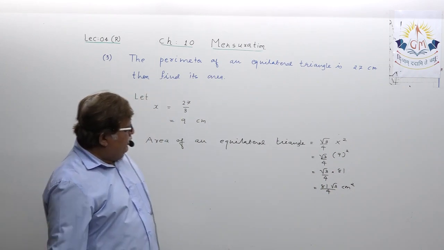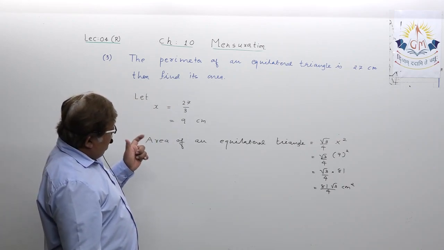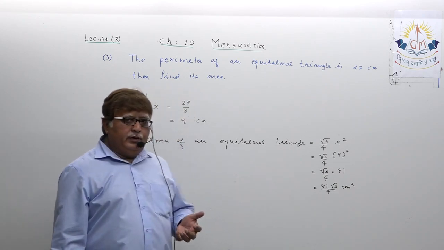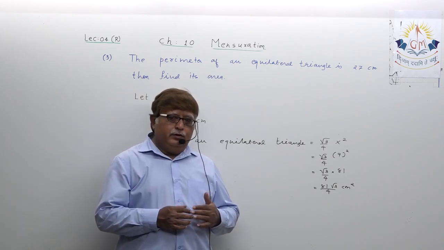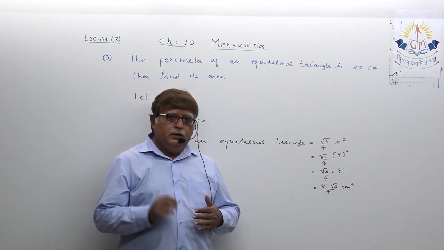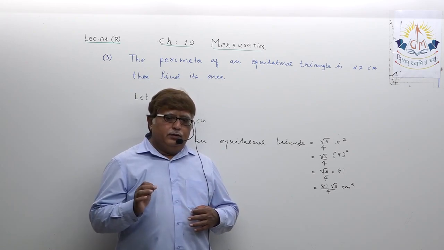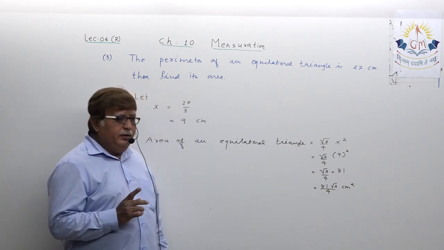This way also examples can be asked to you, and in today's revision lecture, my one important target was to explain how we got one of the very important formulas, the area of an equilateral triangle.